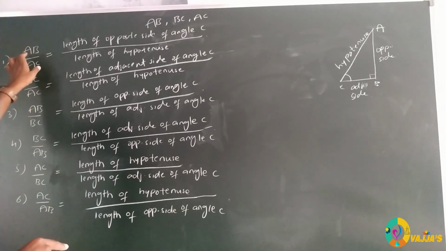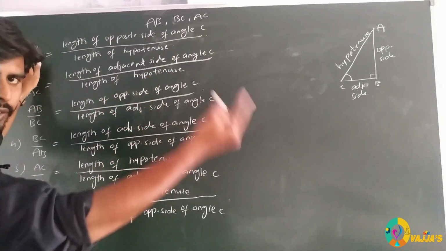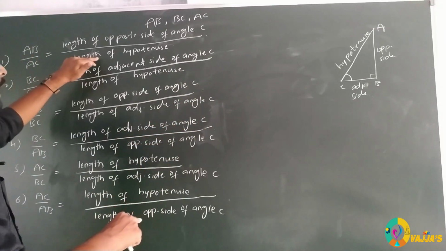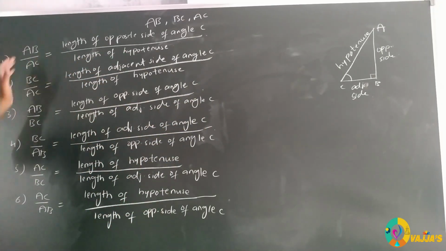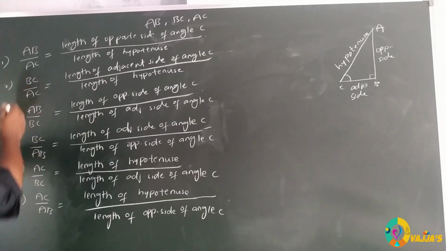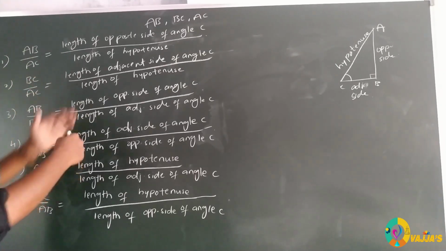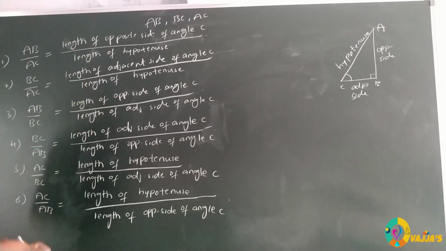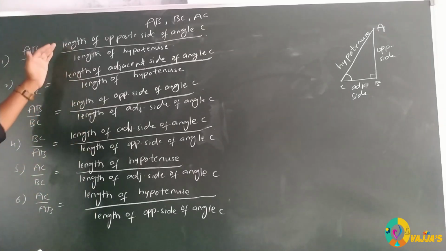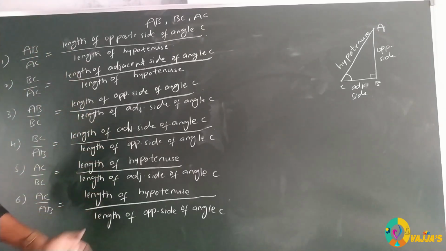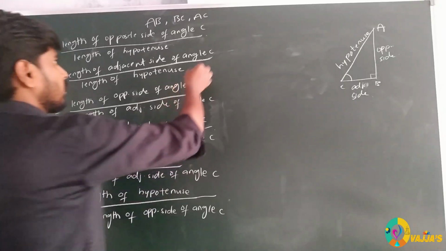So this AB is the opposite side to angle C by the length of hypotenuse. So I made a relation here between ratios of sides and angle C. So pause the video and look carefully at the fractions here, all. Okay.